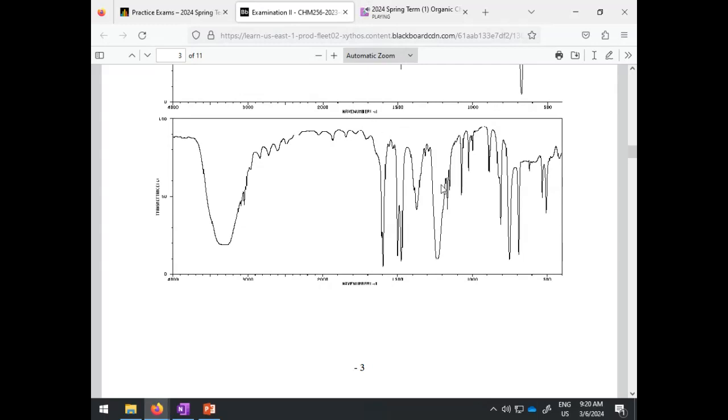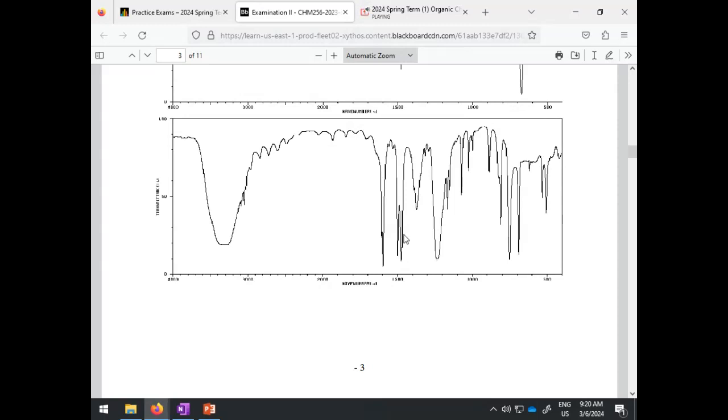But the key part is the CO stretching: you don't see anything between 1000 and 1100, but you do see an intense peak slightly above 1200. So this is supposed to be something with an sp2 CO bond.